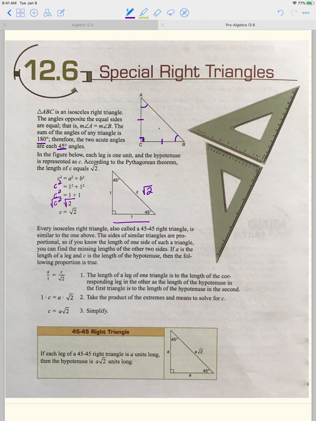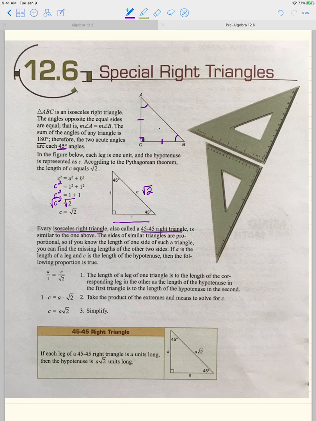Every isosceles right triangle is also called a 45-45 right triangle, okay? The sides of similar triangles are proportional. So if you know the length of one side of such a triangle, you can find the missing lengths of the other two sides.